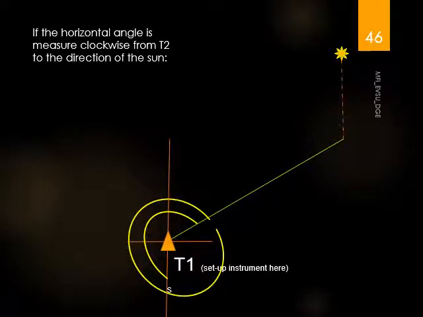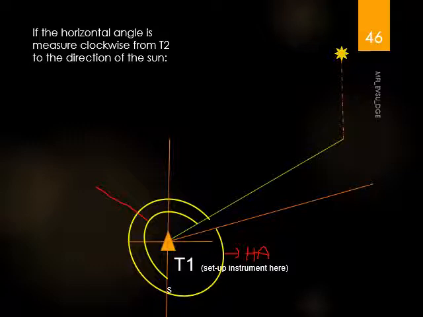This one is the horizontal angle of line T1 to T2 to the sun. And this is the computed azimuth of the sun.